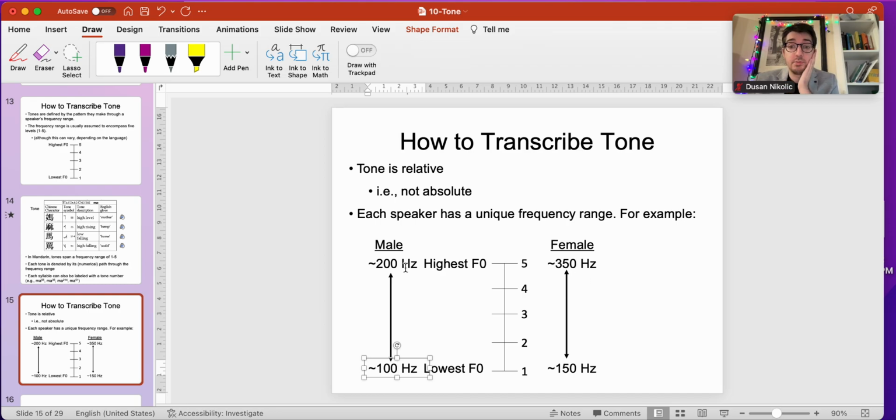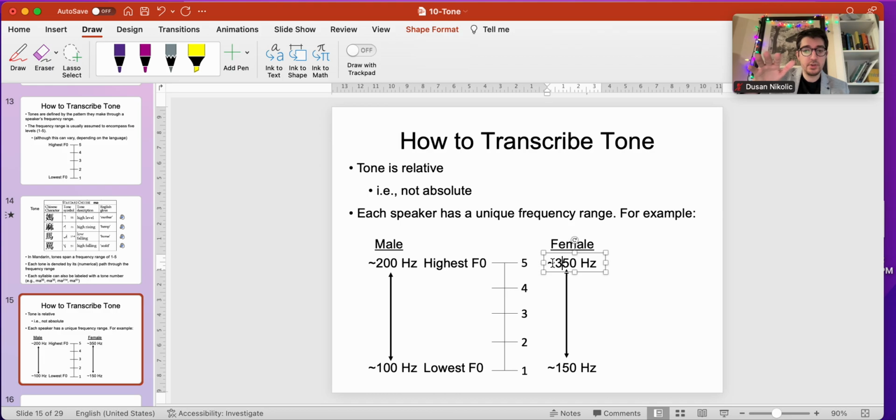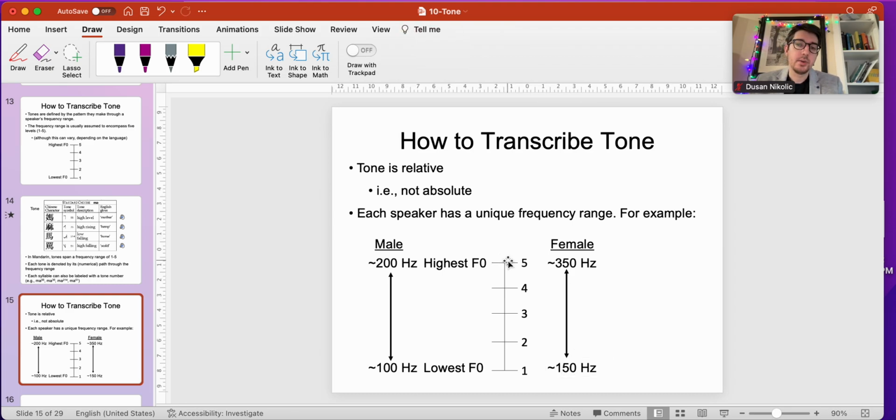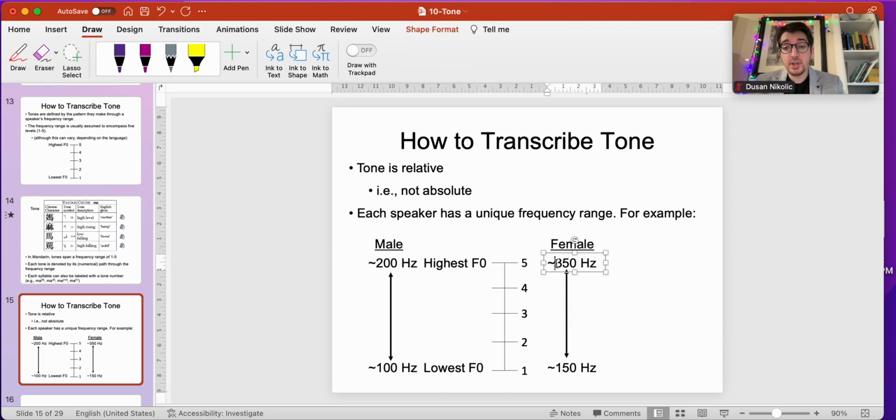Highest frequency for me, I don't know, maybe 180, something like that. For females, it's around 350 highest, 150 lowest frequency, but as I said, around. It can differ from person to person. What I want to say is that 350 for a female would be maybe number 5, right? But 200 hertz for a male would be number 5 as well.